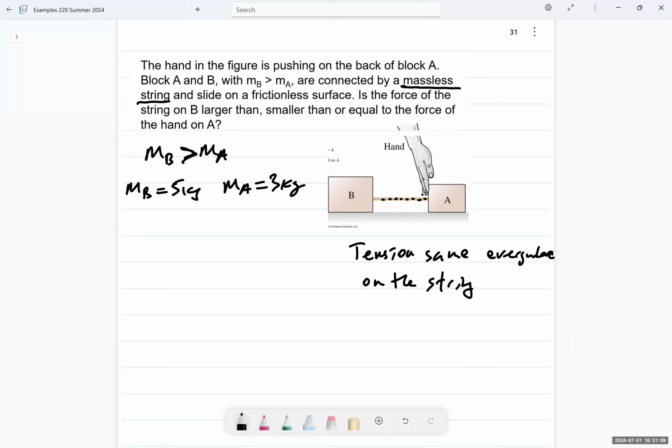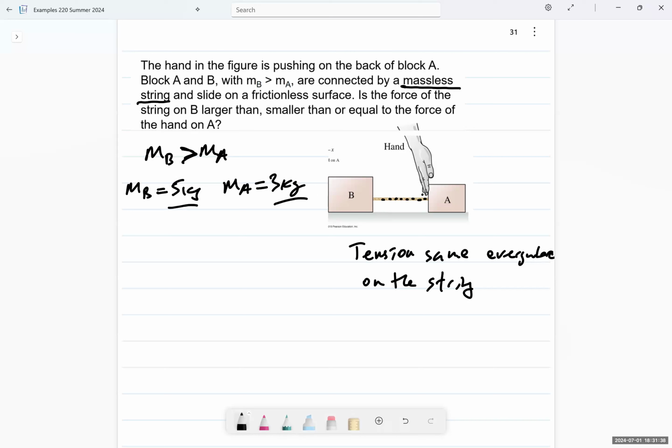For example, if this one is 5 kilograms and this one is 3 kilograms, maybe the string is, let's say, 50 grams. It's a big difference. If the string is 50 grams, then block B is 100 times heavier, so we can completely ignore that.